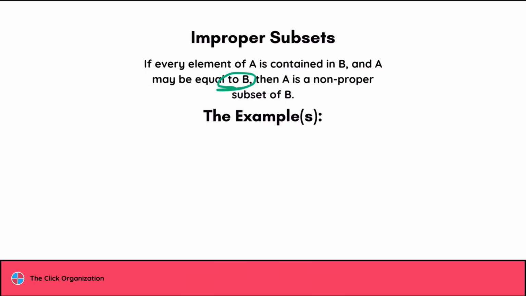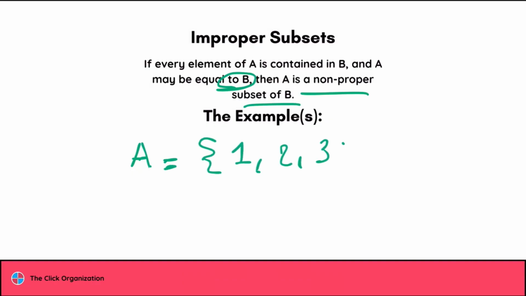And then A is a non-proper subset of B as it is written in here. So for example, I've got A, which is equal to 1, 2, 3. And at the same time, I've got B, which is equal to 2, 3, 1, for example.